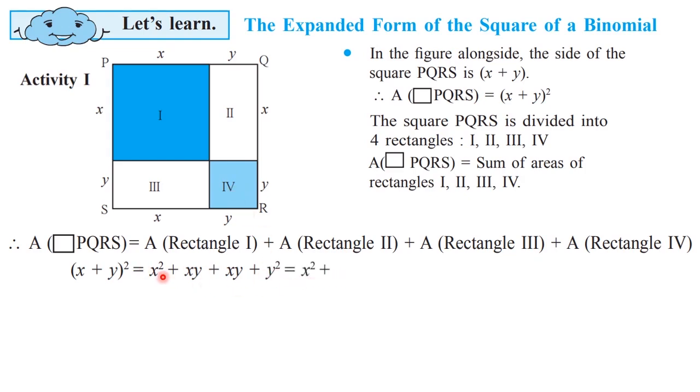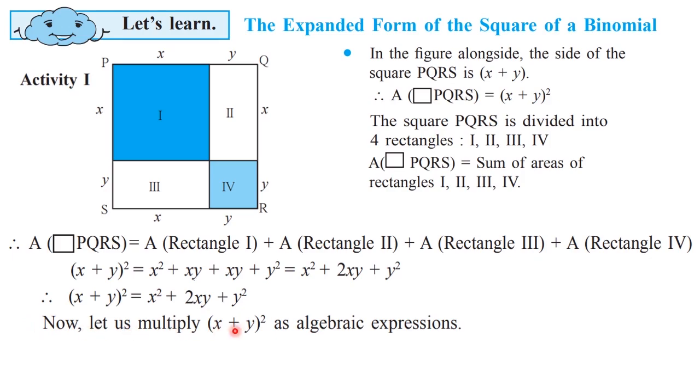So then it is equal to x square plus 2xy plus y square. So students, therefore x plus y the whole square is equal to x square plus 2xy plus y square, right?